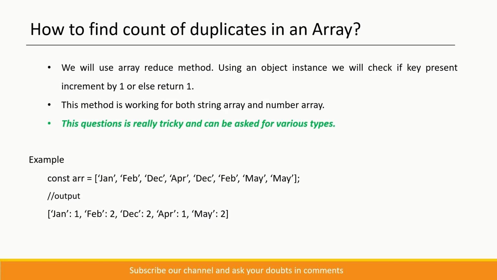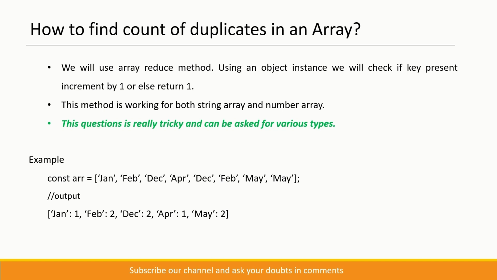If the key is present, we increment it by 1. Otherwise, we return 1. This is how to find the count of duplicates in an array. This method works for both string and number arrays.